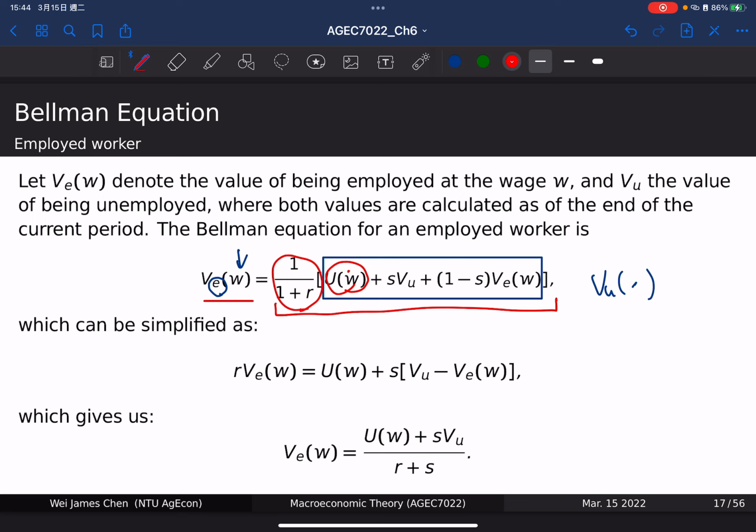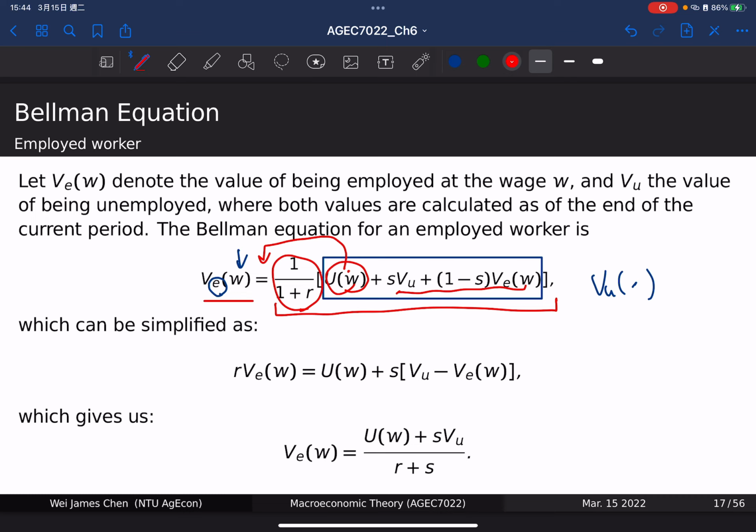Then this term will come out. It will be U of W plus the discounted part, these two terms. That model will still work, but it's going to be more complicated.